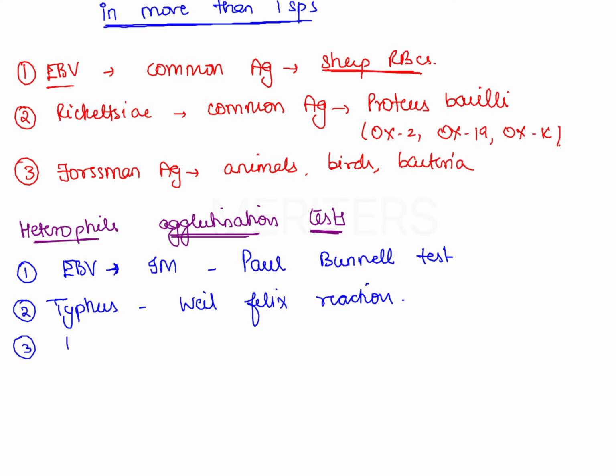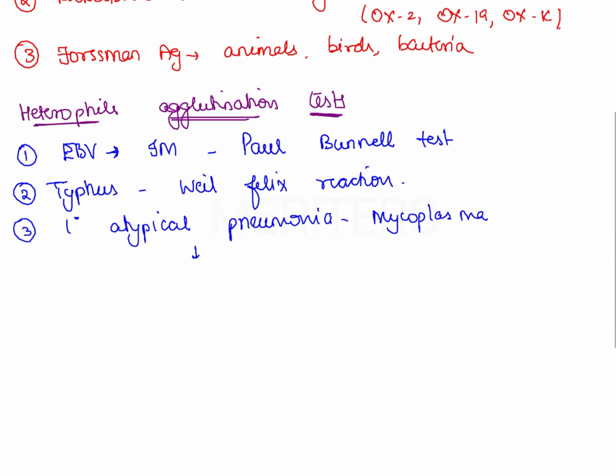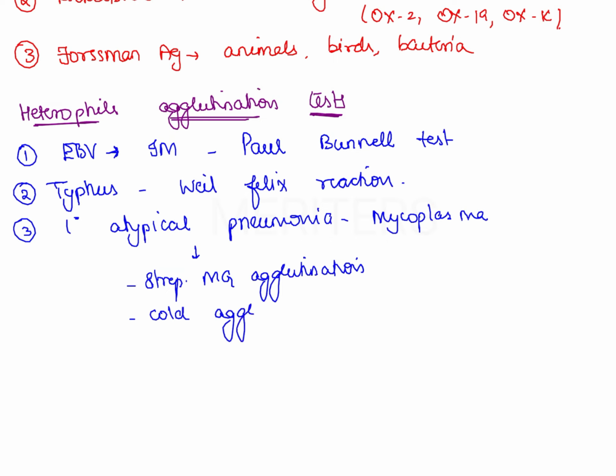And next comes primary atypical pneumonia, that is caused by Mycoplasma species. Primary atypical pneumonia caused by Mycoplasma can be diagnosed by heterophile agglutination tests such as the Streptococcus MG agglutination test, and by means of the cold agglutinin test.